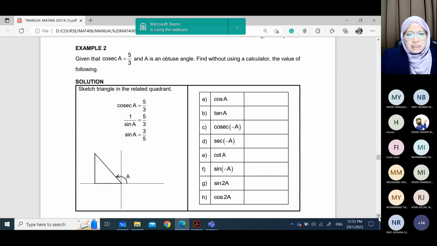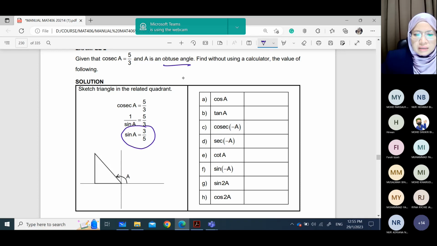Sama jugalah, cosecant A is 5 over 3. So, cosecant is based on 1 over sine. Okay, so cari sine dulu. Bila cari sine, baru kita boleh letakkan nilai dia di mana. Okay, so sine, this one is A. Obtuse angle. So, bila obtuse angle, angle yang mencapah.